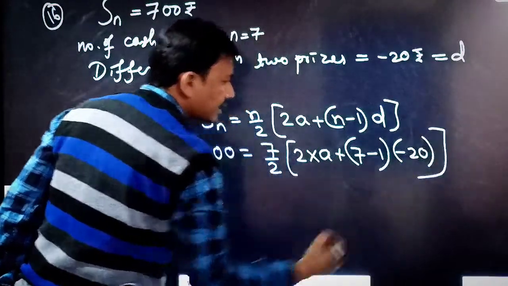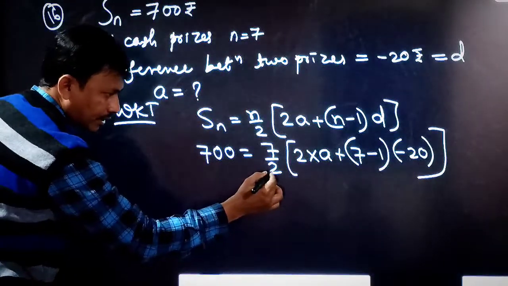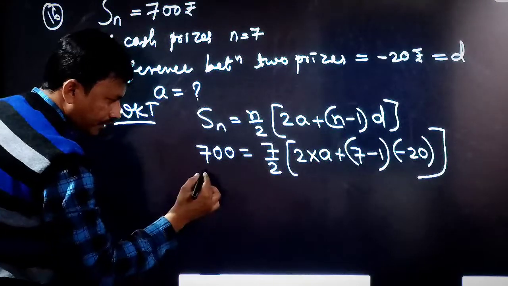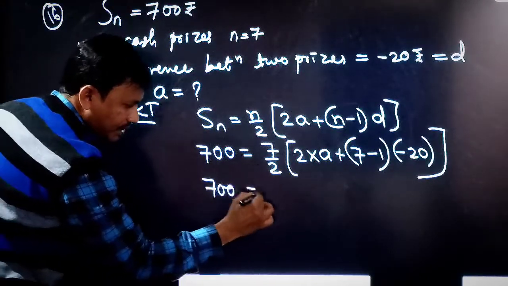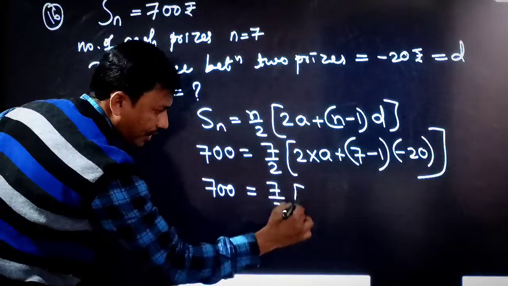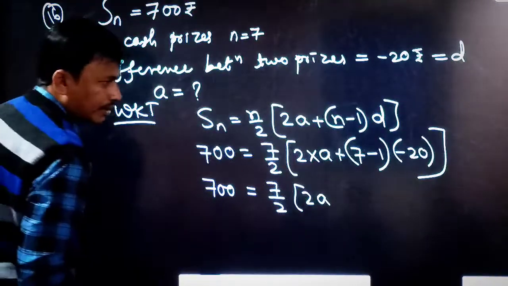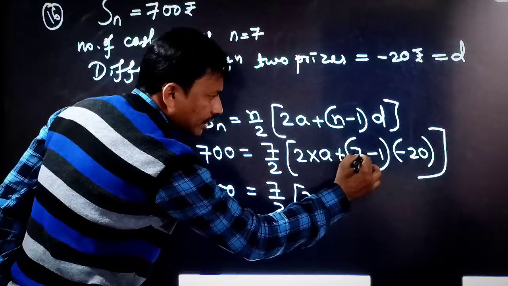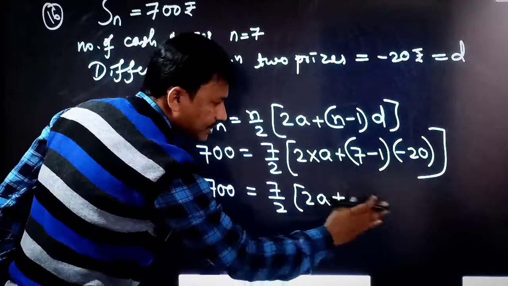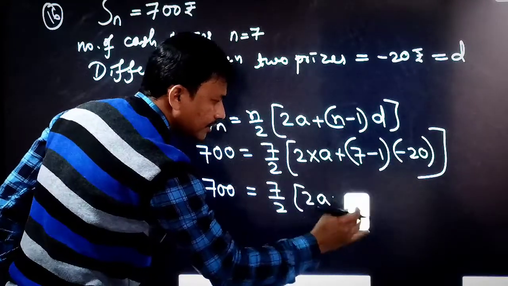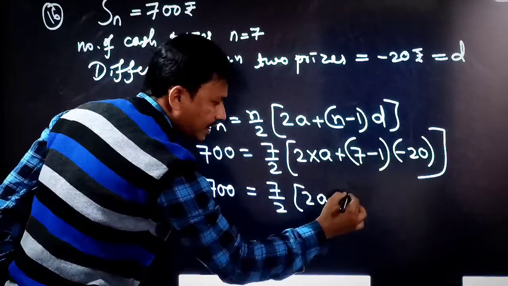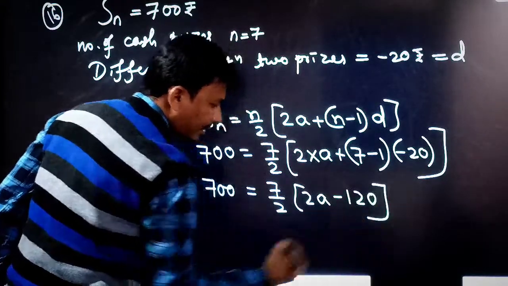If d is negative, put it in a bracket. Then 700 is equal to 7 divided by 2 in bracket 2a plus 6 into minus 20, 6 20s are 120.